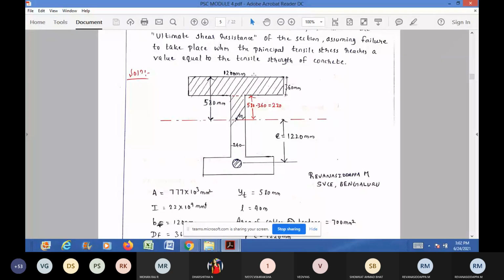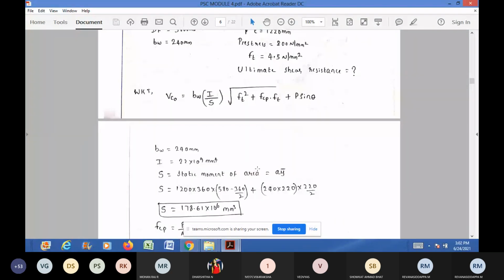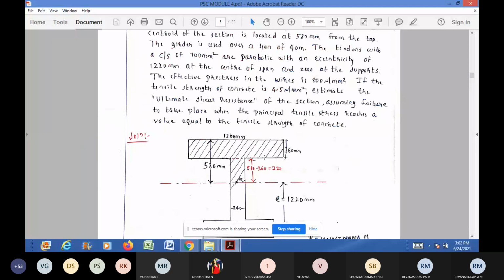Moment of the shaded portion about the neutral axis, you have to find. That is only the S. S is nothing but A Y bar. Now I will explain how to calculate this S, or static moment of area, or the first moment of area about the neutral axis.